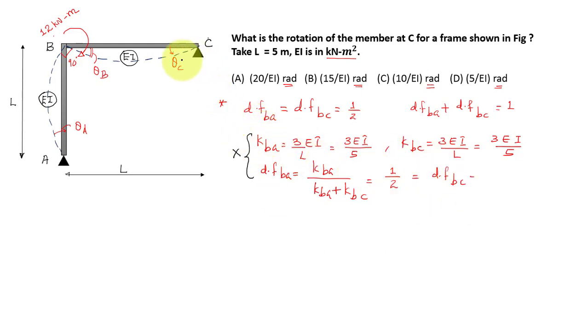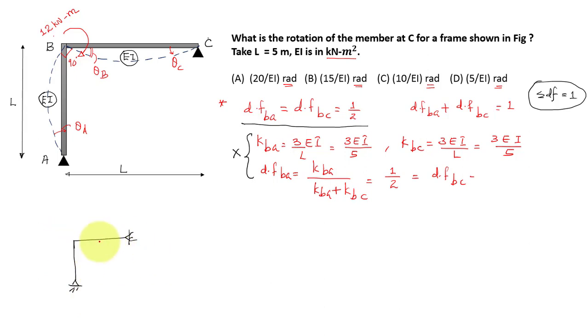Once you see this question, you should directly write that the distribution factors for BA and BC are equal, so each will be 1 by 2. The summation of the distribution factors meeting at any joint should be 1. Because I have only two members, 1 by 2 will be the value of the distribution factor.